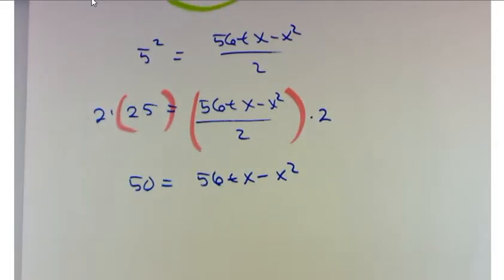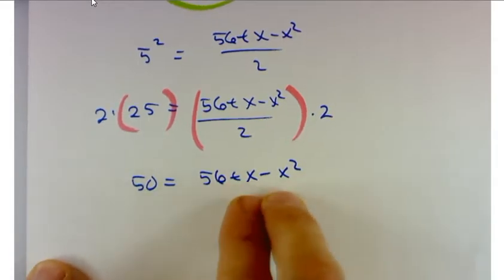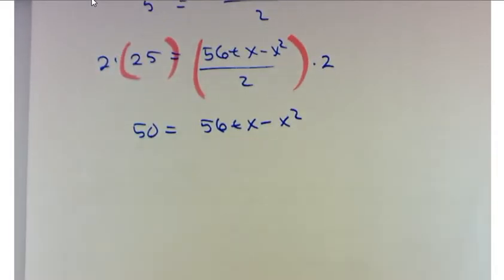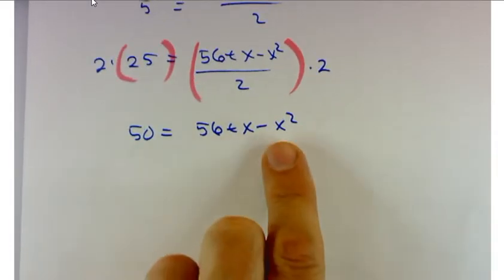How do you want to solve this one? Make it equal 0. Now there's a couple ways you can make it equal 0. How do you want to make it equal 0? You could subtract 50 from both sides, and that would be fine. But let me suggest something. How about if we put 0 on this side? Can anyone tell me why I would want to do that? What's the advantage? Yeah, you get rid of the negative in front of the x squared.